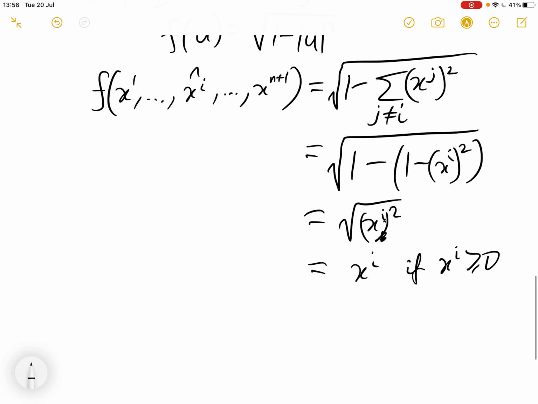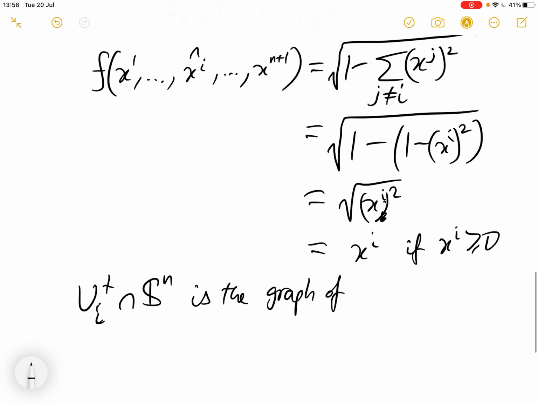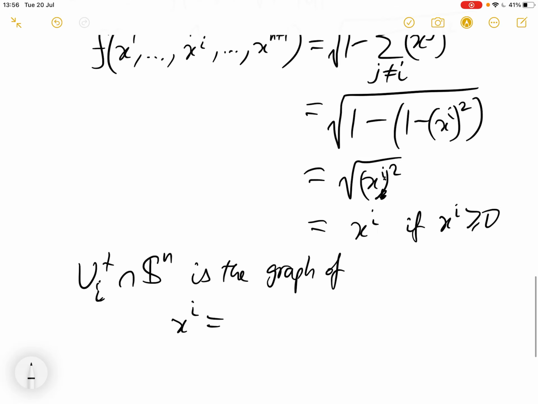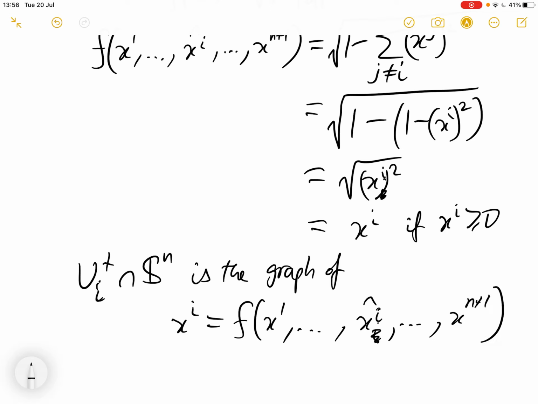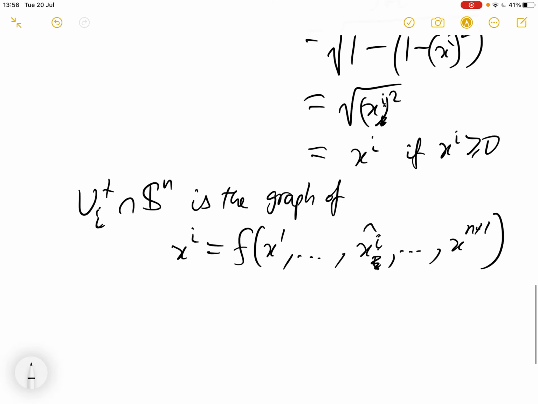So we can say that Ui+ intersect S^n is the graph of xi equal to f of x1 up to x(n+1) with xi omitted, and that's because on Ui+ xi is positive, so we can take the positive square root.